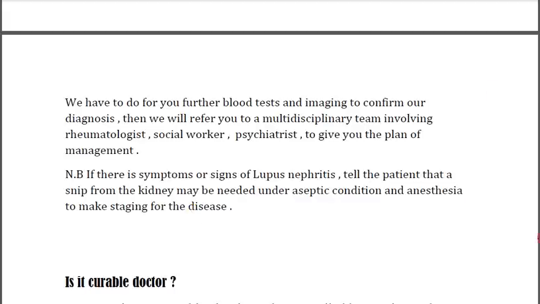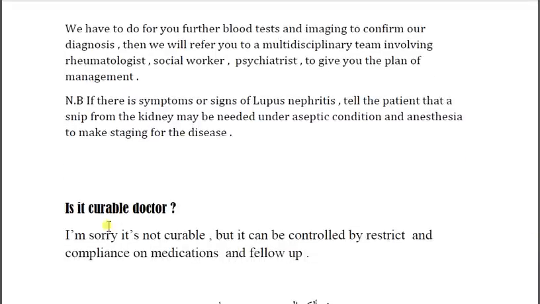Is it a curable condition, doctor? I'm sorry, it is not curable, but it can be controlled, and we will refer you to the multidisciplinary team to give you the appropriate treatment and to control your condition on medication and regular follow-up in the outpatient clinic.